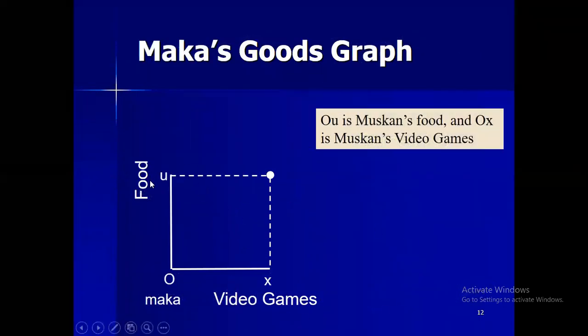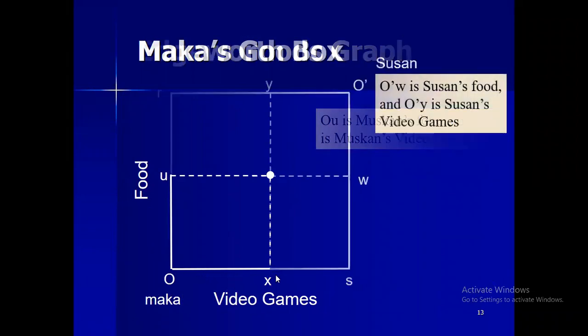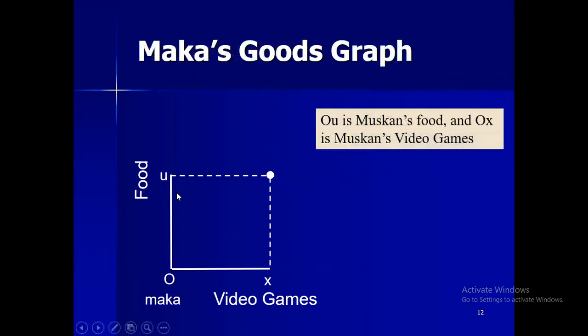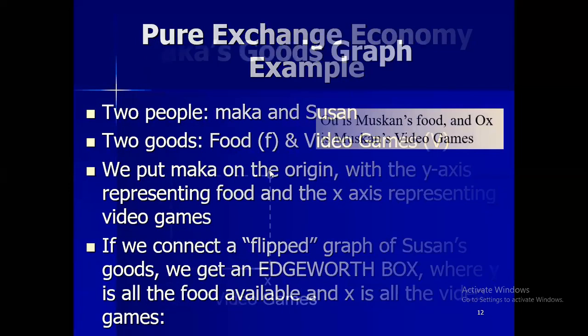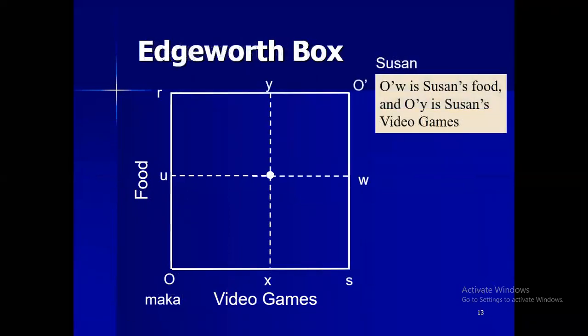This is Makkah's food on your y-axis, video on your x-axis. If you flip it, this is a box. If you flip it, it becomes like this, and this is Makkah's side.